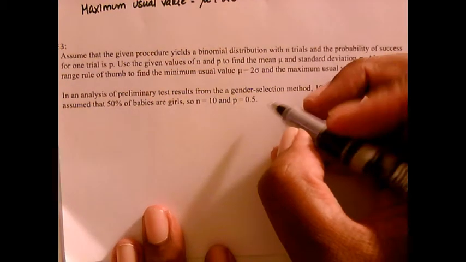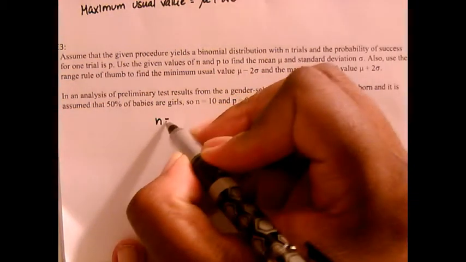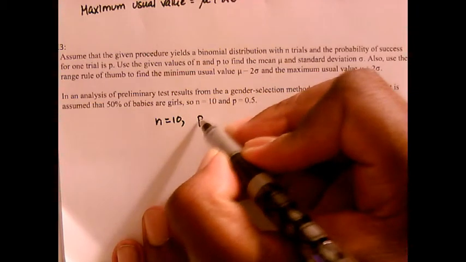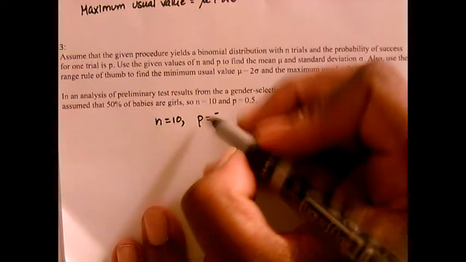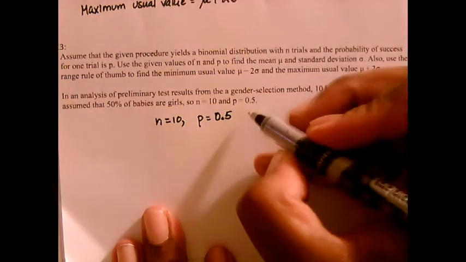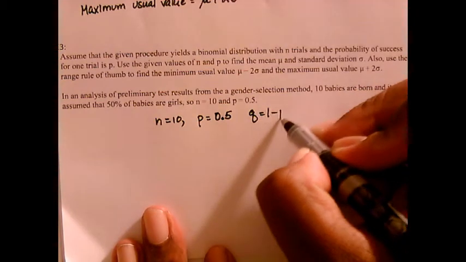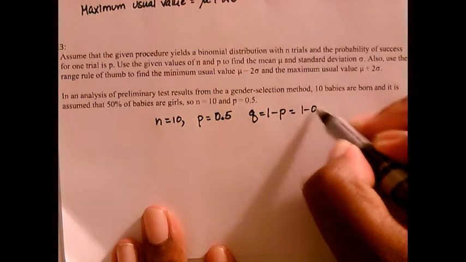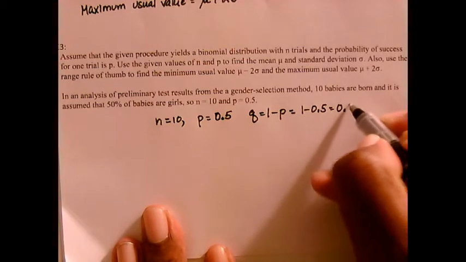Well, in this case, if n is 10 and p is equal to 0.5, then q is 1 minus p, or 1 minus 0.5, which is 0.5.